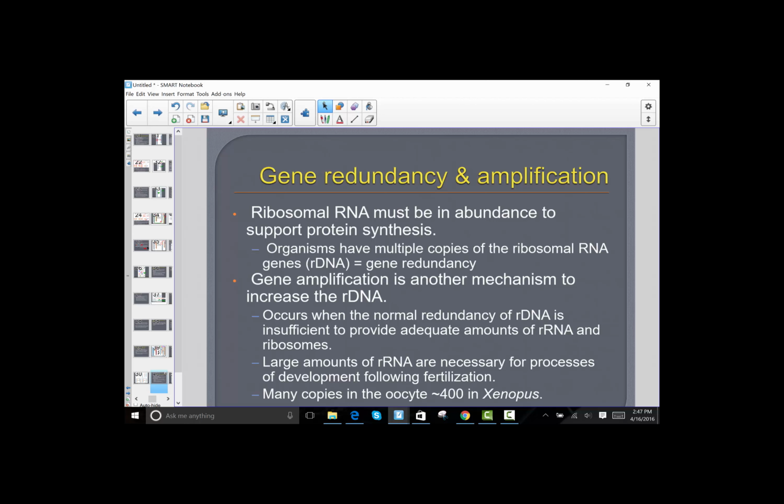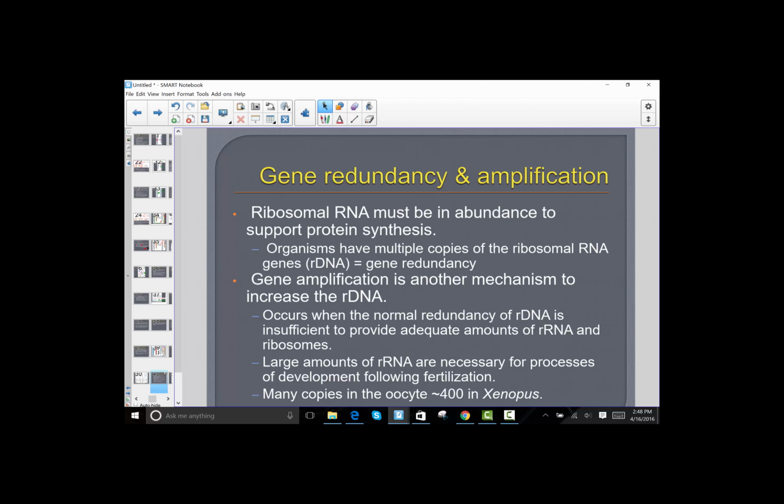Okay, so basically a normal redundancy of rDNA, so these are your ribosomal DNA genes, is insufficient to provide adequate amounts of rRNA and ribosomes. So now you have to have lots of different copies. It means you can make copies of all of these at the same time or at different times.